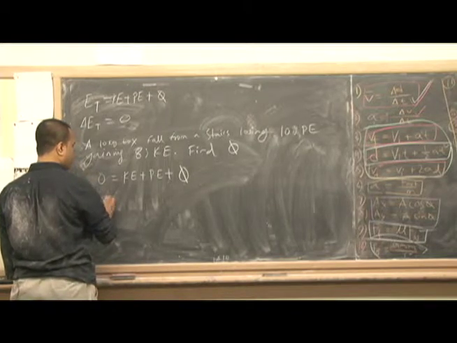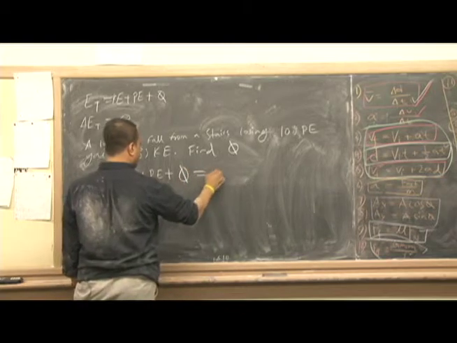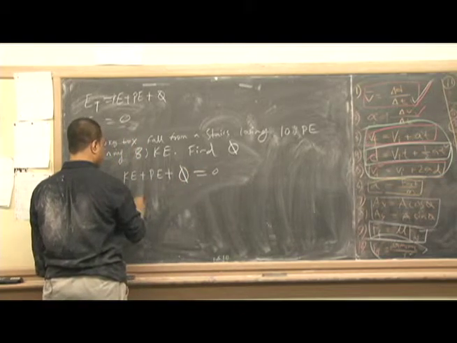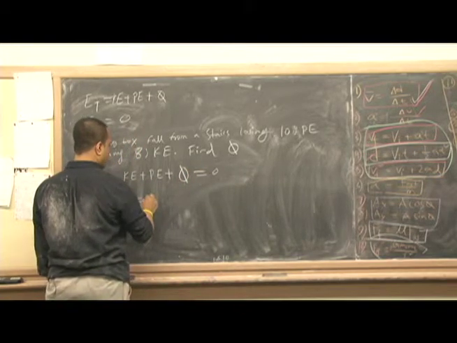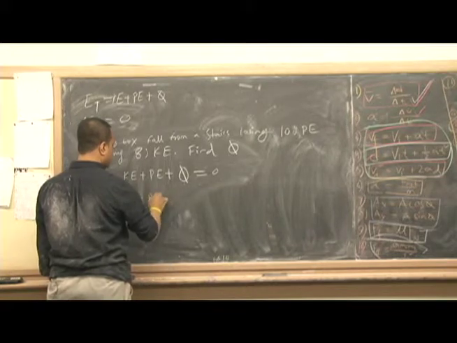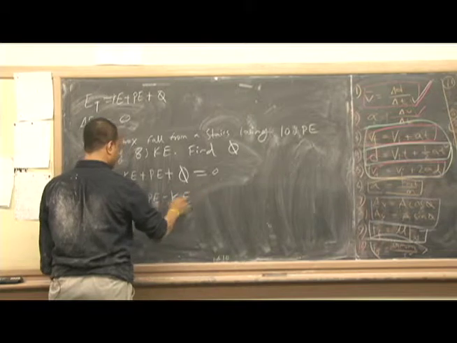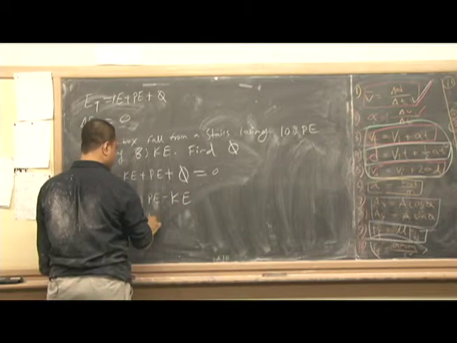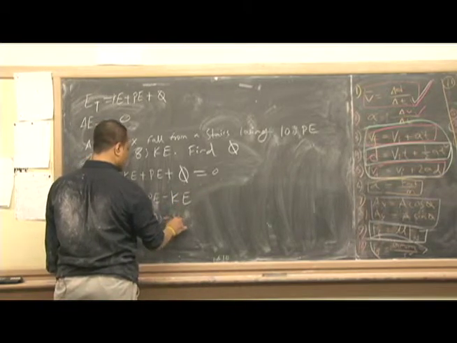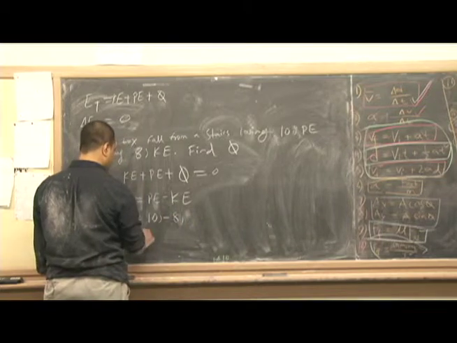So let's put 0 on this side, and Q is actually potential energy minus kinetic energy, which is 10 joule minus 8 joule, and the internal change is 2 joule.